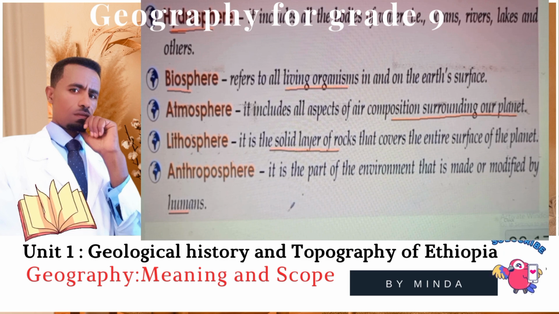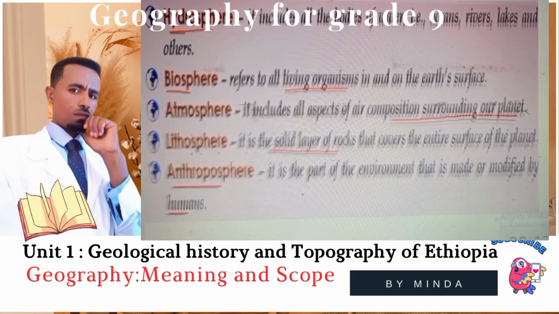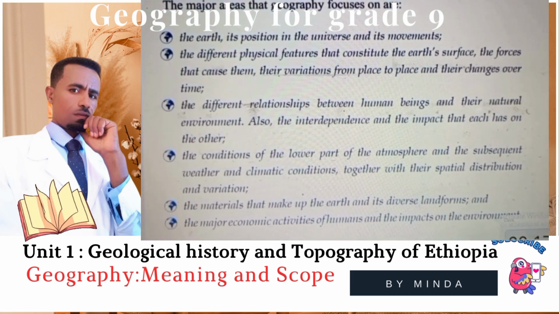So, hydrosphere, biosphere, atmosphere, lithosphere, and anthroposphere are called the scope of geography. That's why we say the scope of geography is very wide.